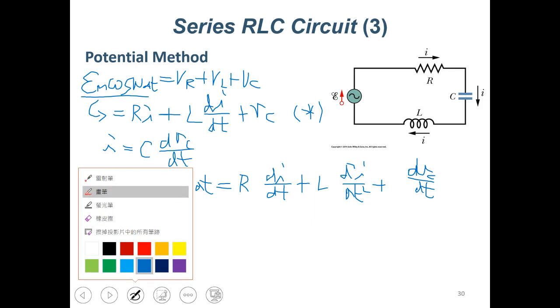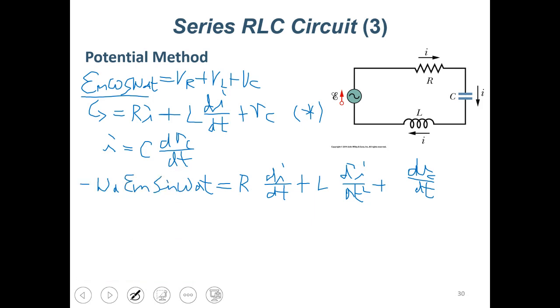In this case, we multiply C on both sides, so that this one will be i.